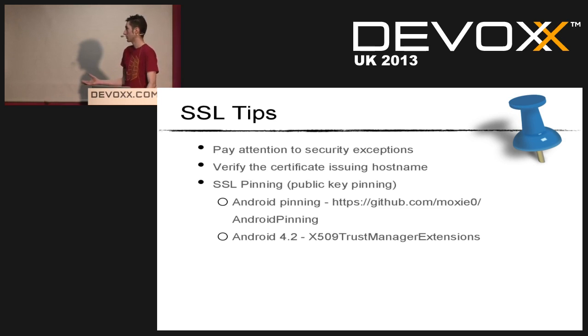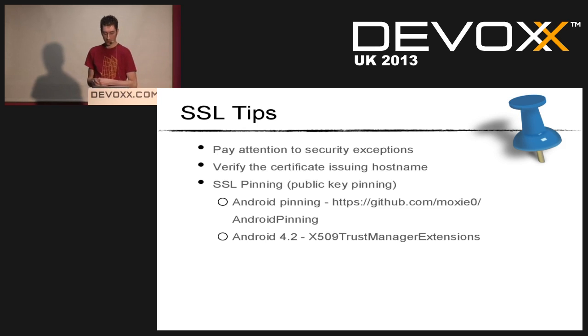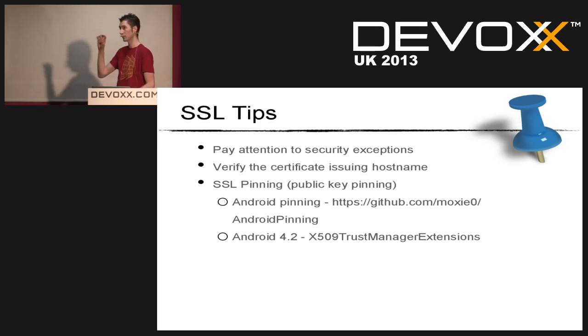And one thing that's emerging now is SSL pinning. SSL pinning came around in Google Chrome 13. The idea is that you pin the public key of the certificate authority that issued the certificate, because Android ships with about 130 certificate authorities that it trusts.